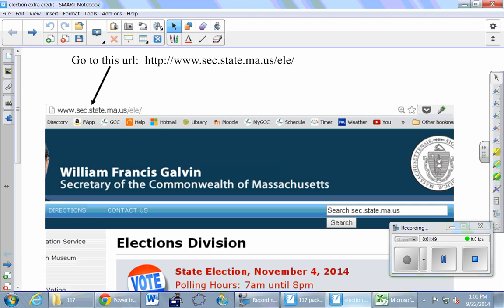So we talked about how to make sure that you are registered in time for this election in early November. There are a bunch of different ways, but in particular, here's a little thing that one of you can fill in and mail. The alternative is to print this from the web page and then put it in the mail. Either way is fine. And also, remember I had mentioned that there were 4 ballot questions, 4 yes or no questions that all of us here in Massachusetts will be asked to vote on.